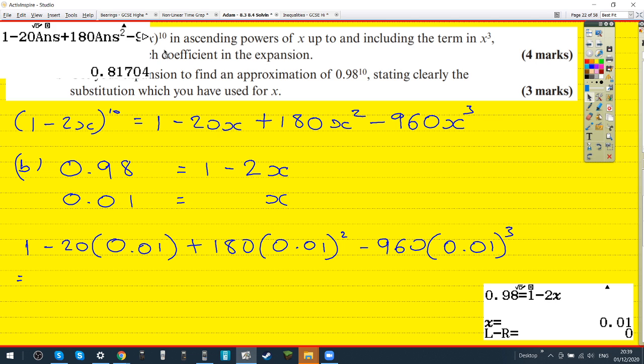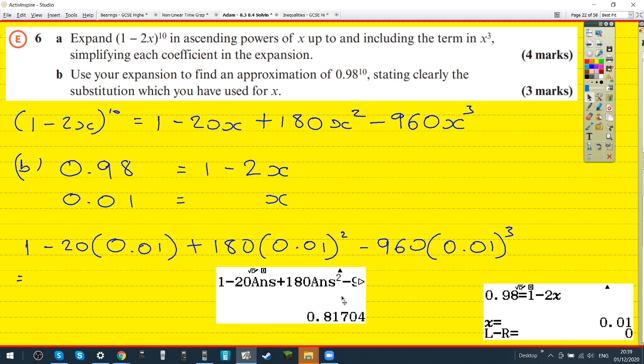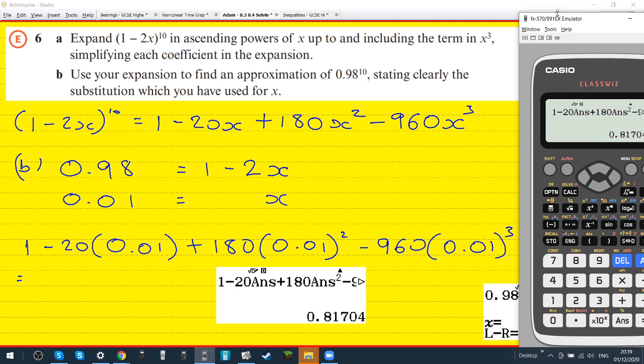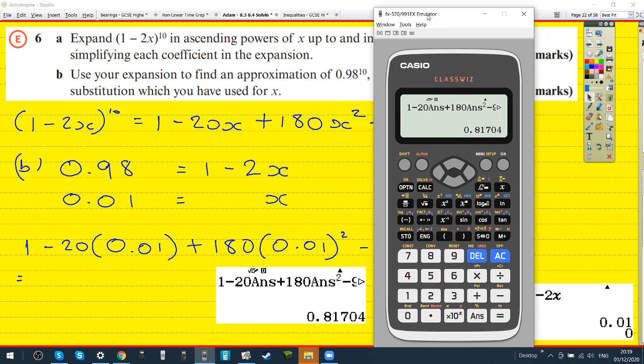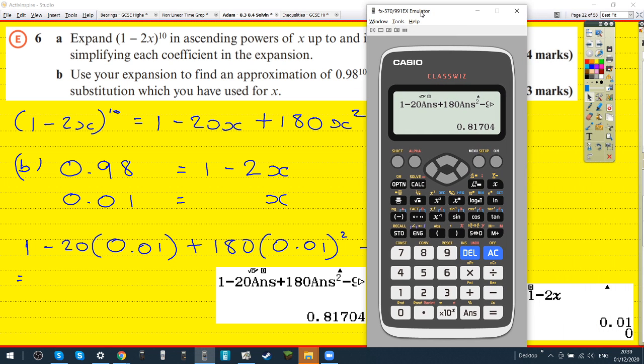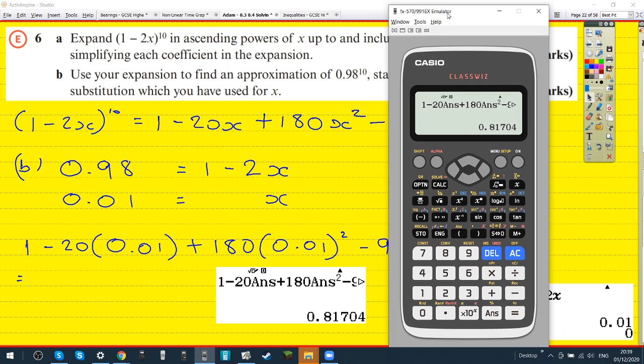Great. Wonderful. And let me just, again, the perfect answer would be 0.98 to the power of 10. So it's kind of a way for us to check our answer. So it's pretty decent. Our answer was 0.01.